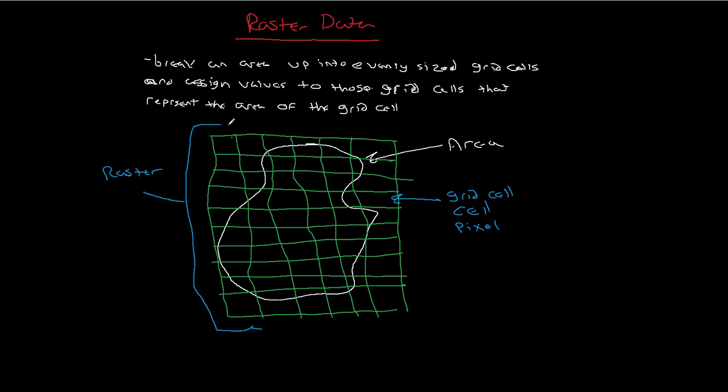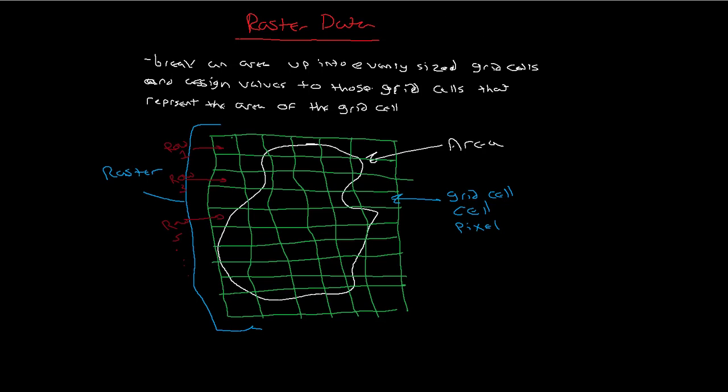These grid cells are arranged in rows. So you can think of this like an Excel spreadsheet. You have rows which go horizontally. So this would be row 1. So let's do that in a different color. This would be row 1, this would be row 3, row 5, etc. So rows are horizontal runs of pixels.